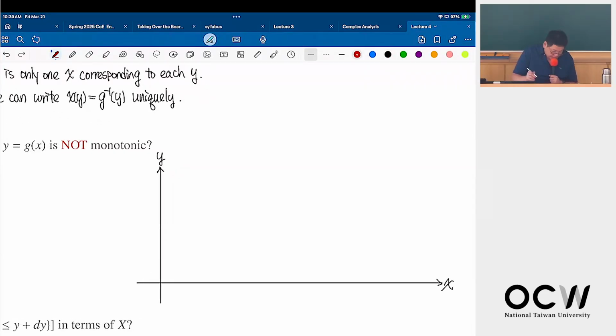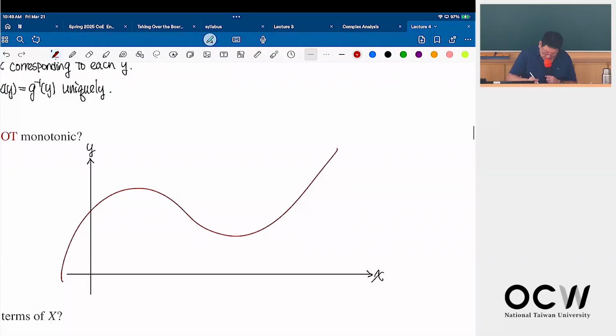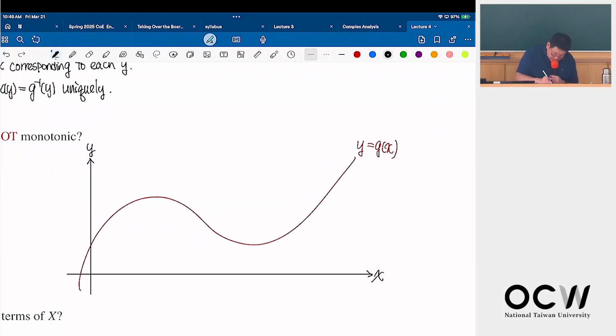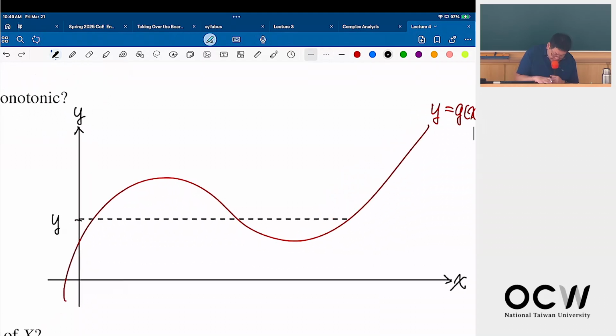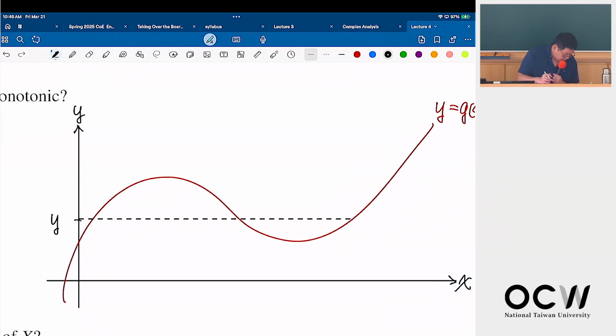Suppose we have this function. This is y equals g of x. Here we have y. Y plus dy, say here.